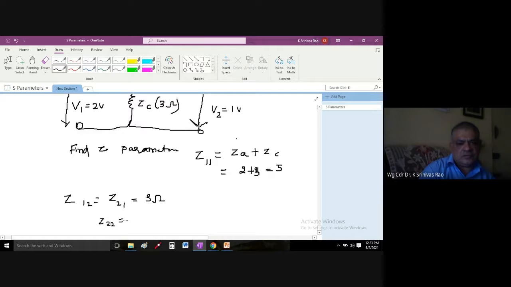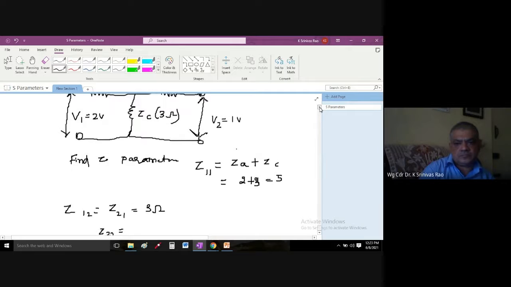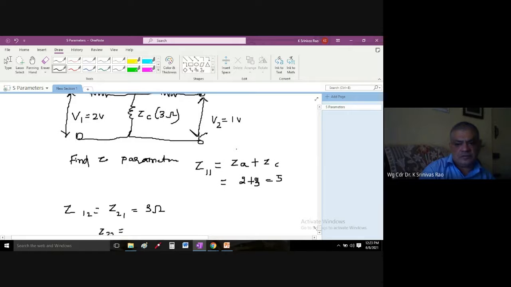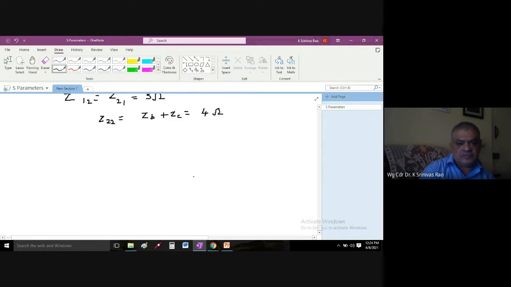How much is that value? This is ZB plus ZC, which is 1 plus 3, that is 4 ohms. This is impedance, so therefore we call it ohms.